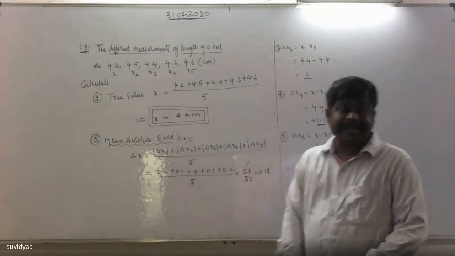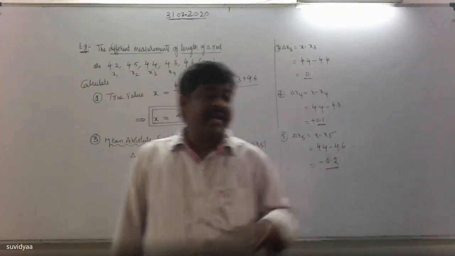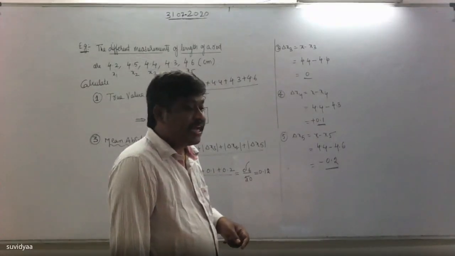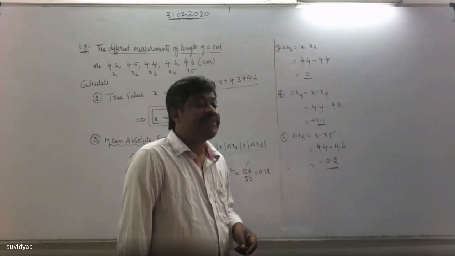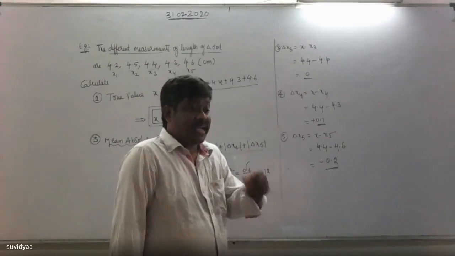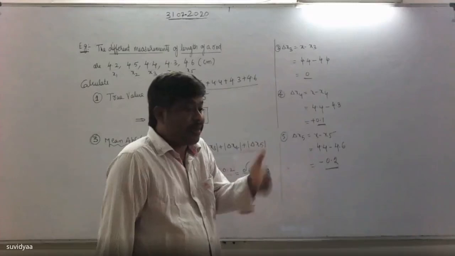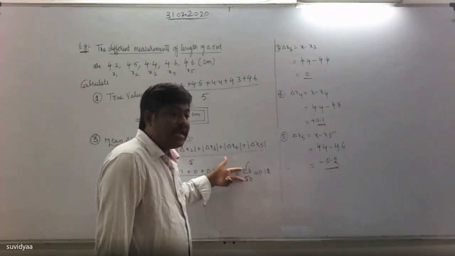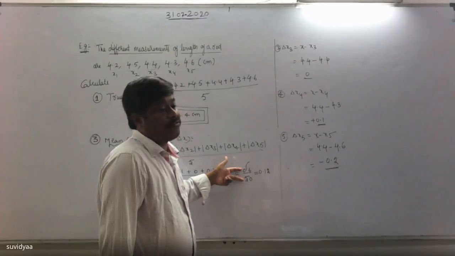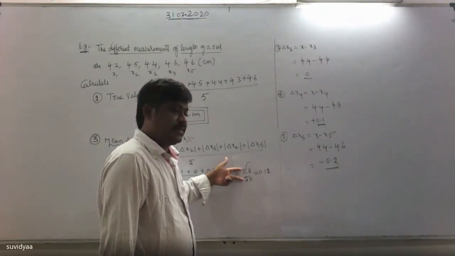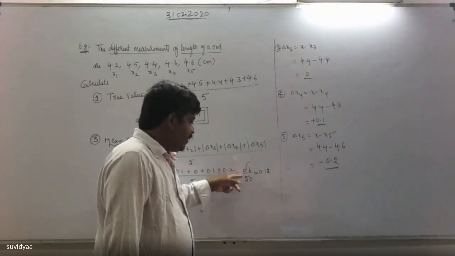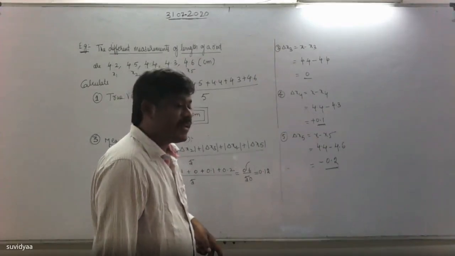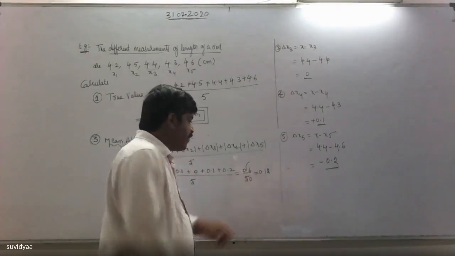Now this is the division of what? I told you in yesterday's class: division and multiplication of significant figures. Remember, in division, what you have to see? The least number of significant figures.